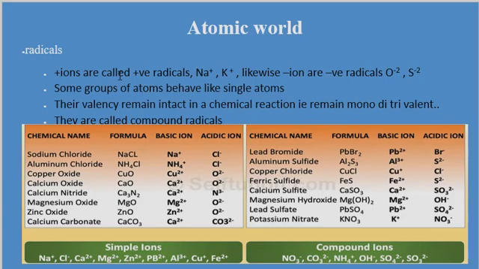Now, some of the chemical formulas: sodium chloride is NaCl, copper oxide is CuO, calcium nitride is Ca3N2, zinc oxide is ZnO, ferric sulfide is FeS, lead sulfate is PbSO4, potassium nitrate is KNO3. So these are some of the formulas for some of the compounds. Now what is the ion? Sodium is an ion, copper is an ion, calcium is an ion. These are all ions.